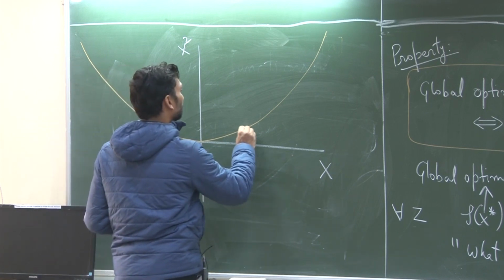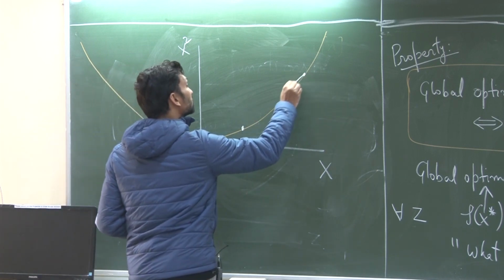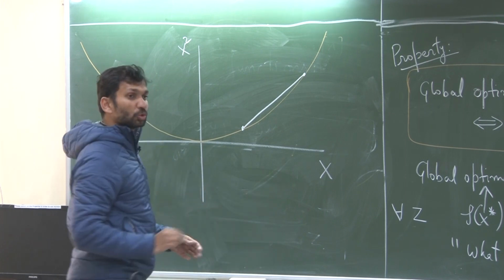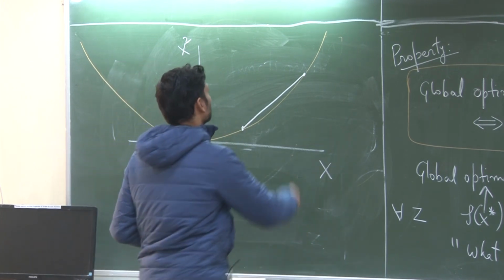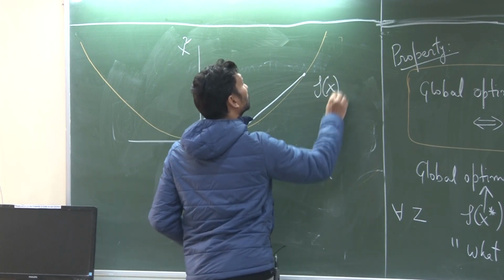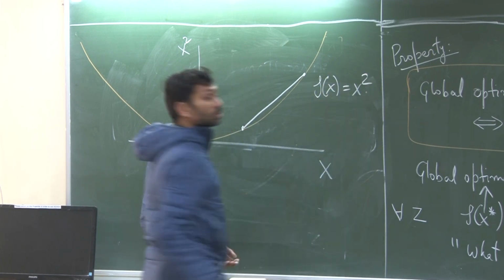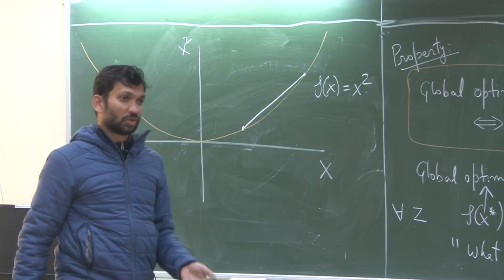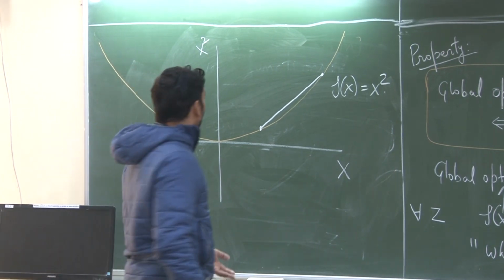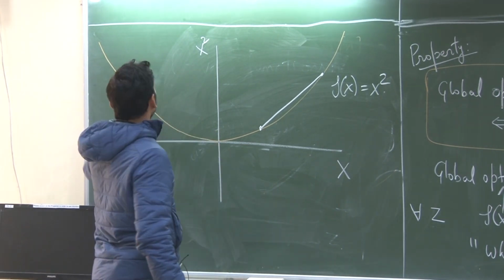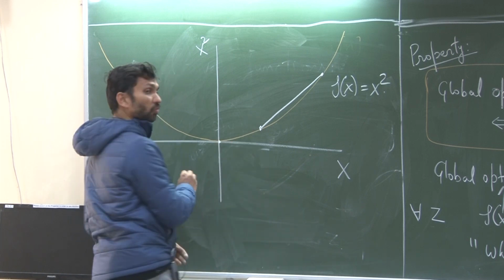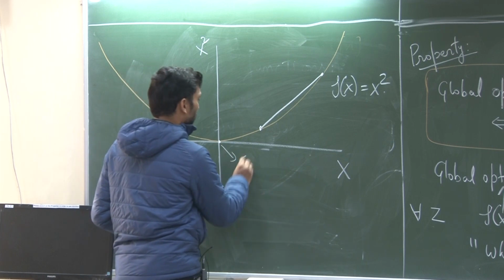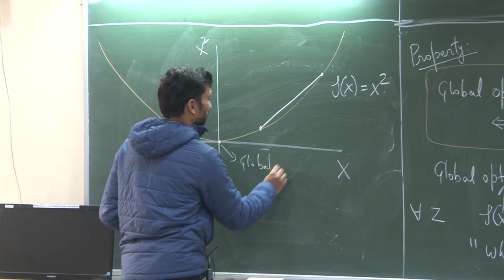If I take any 2 points, the line connecting those 2 points lies above the curve of the function. So, we know that this function is convex. And if you look at this bowl shape, there is only one global optimal or local optimal.